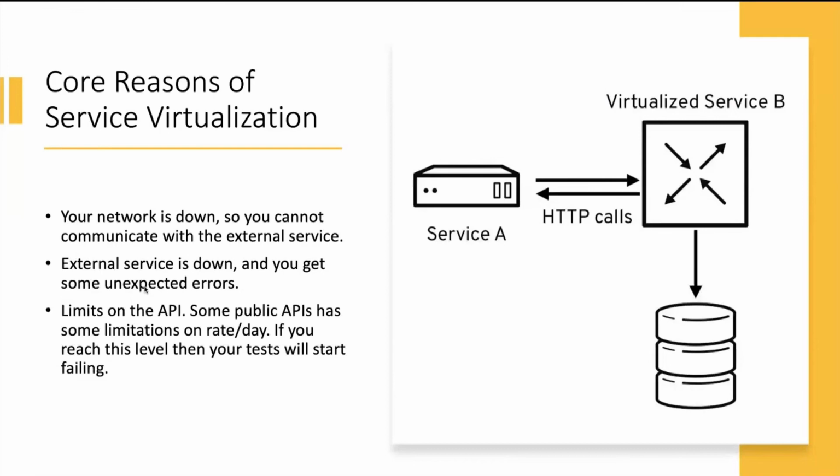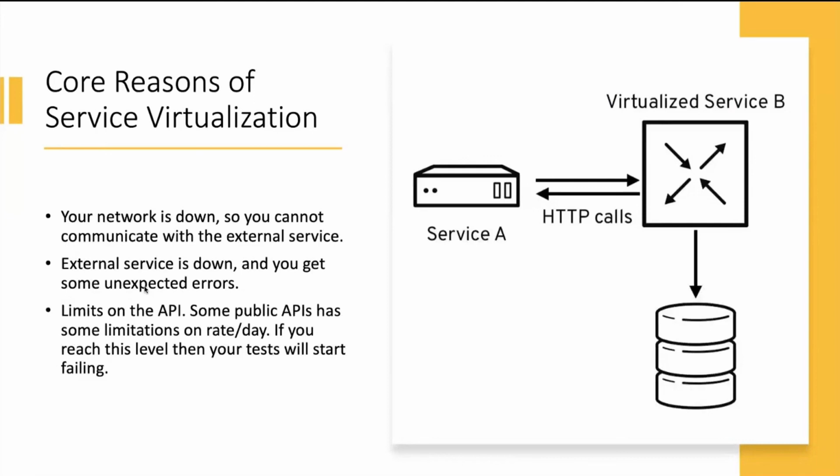So with service virtualization, we can go ahead and we can avoid all these scenarios, and you can clearly see that your service A is making call to virtualized service B, where virtualized service B responsibility is to do actual task. You are just mimicking or simulating that particular task. So if you think about how you have been testing components specifically in monolith architecture, you have been using similar things, right? But approach was mocking.